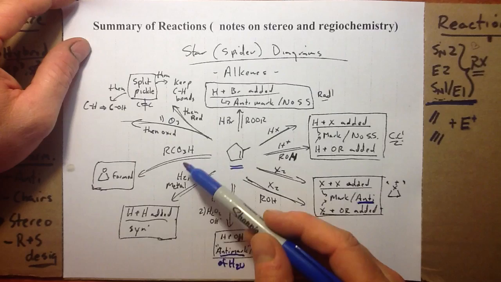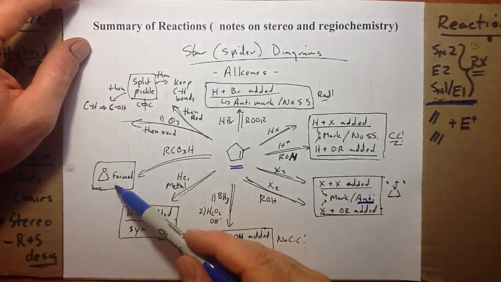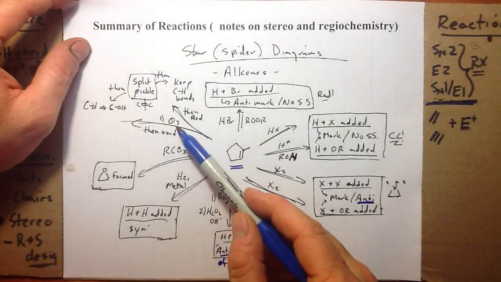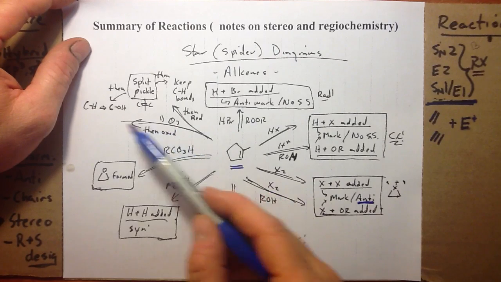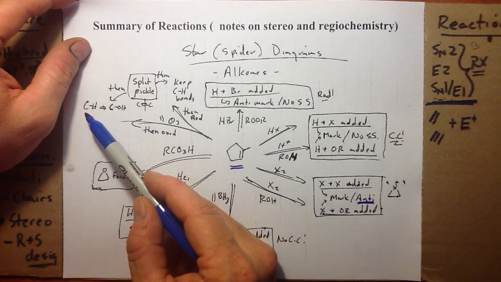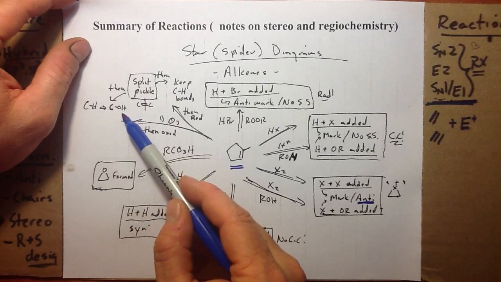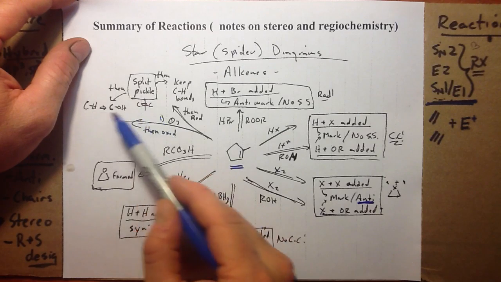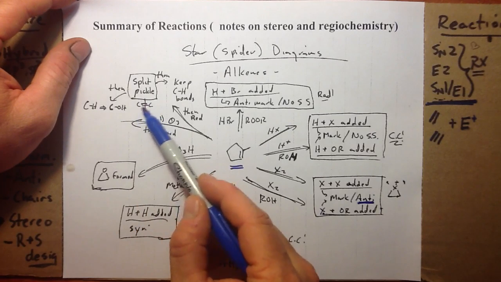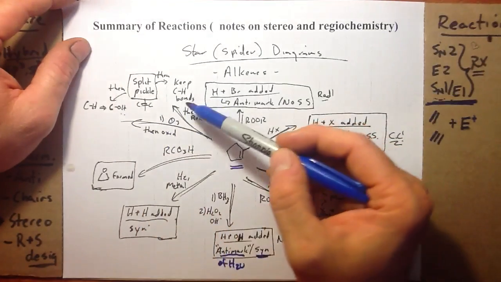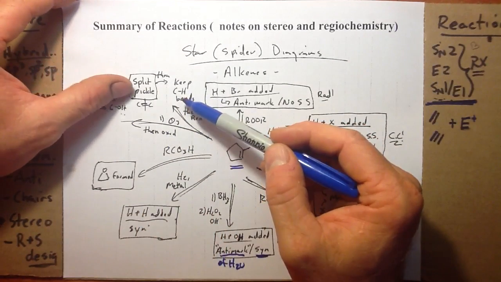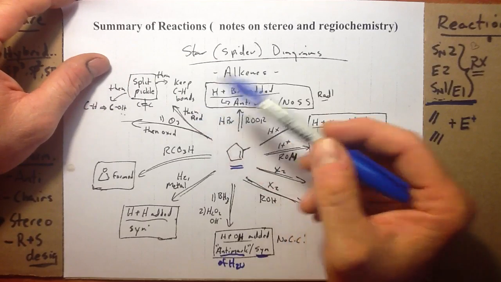It's a syn addition, peroxy acid, make the epoxide, ozonolysis, consider the workup if it's oxidative, change those carbons that are in the double bond from CH to COH. So split the double bond, put oxygens in their place, and replace the H's with OH's if it's oxidative. Keep the CH bonds if it's reductive workup.